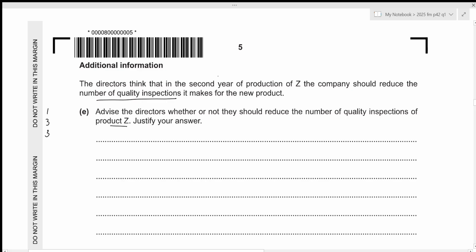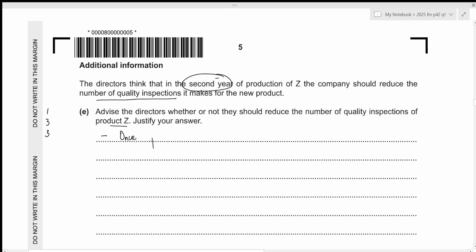Now, we're talking about the second year of production of Z. During the first year, obviously, the production will be well established, so it should be pretty clear to the management that quality will be satisfactory in the second year as well, due to which we can reduce the number of quality inspections during the second year. Let's write it down.